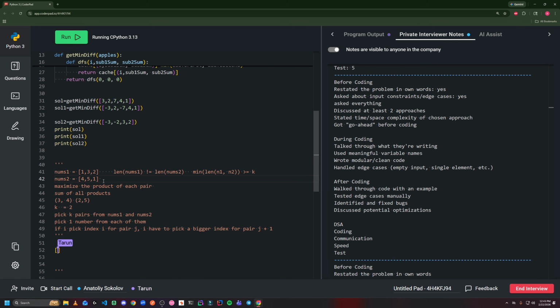Consider this example: for every index 1, I can only choose up to that particular index. For 1 4, I can't move to the next state, so then it will be 3 5.